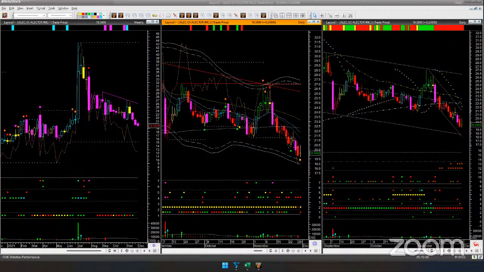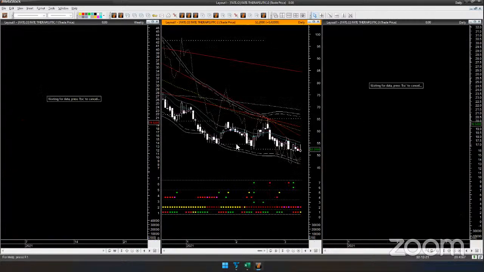Where is my drawing tool? But it has no pattern of interest for me to buy. So I will simply move on to the next stock, number 3.